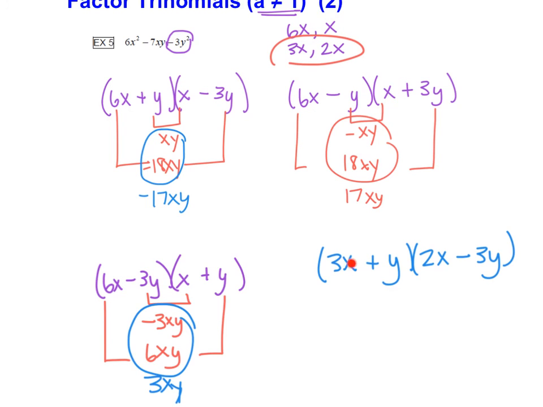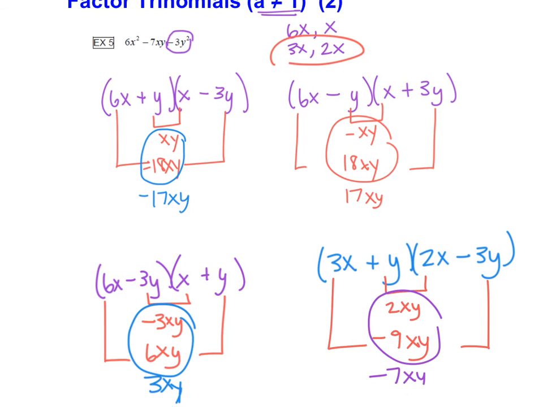So again, remember these have to multiply to 6x squared, which they do, and these have to multiply to a negative 3y squared, which they do. All right, so we check. This gives us a 2xy, and this gives us a negative 9xy. When we combine those, we get a negative 7xy. And I look up there and I see that's what we wanted.